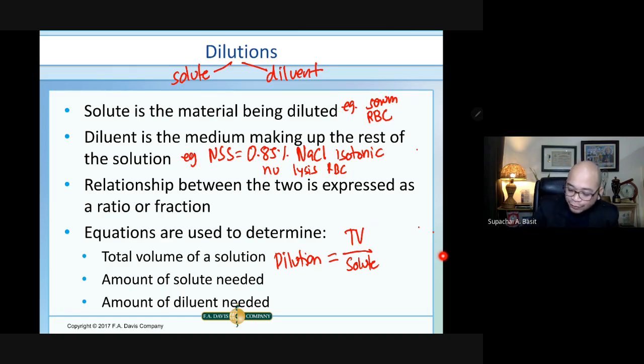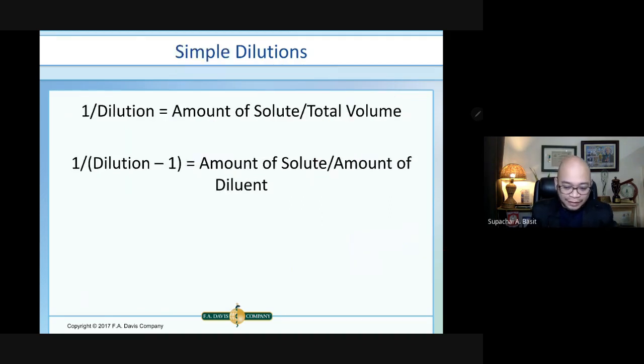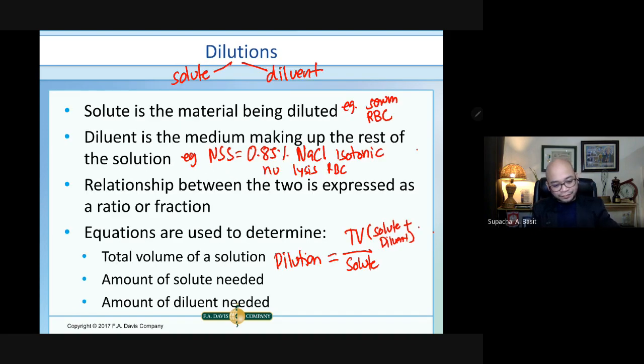Okay? So when we say total volume, we are referring to solute plus diluent. Okay? So total volume is solute plus diluent, then over the solute.